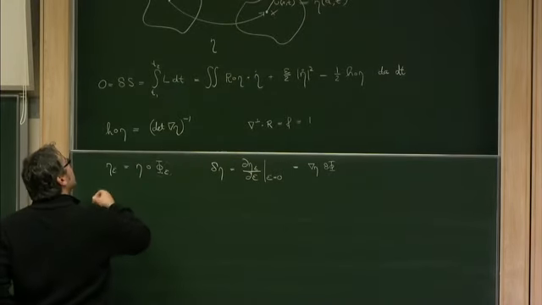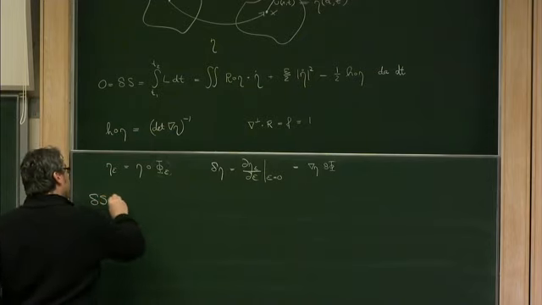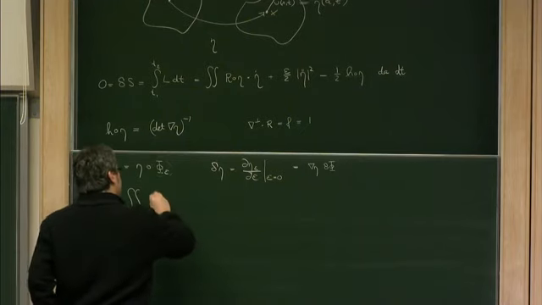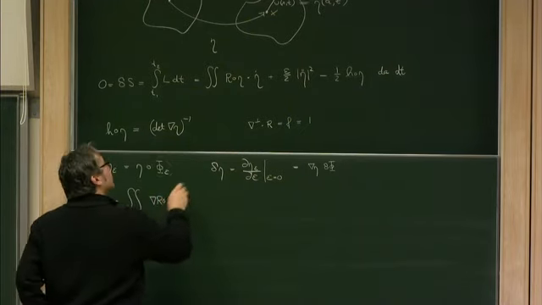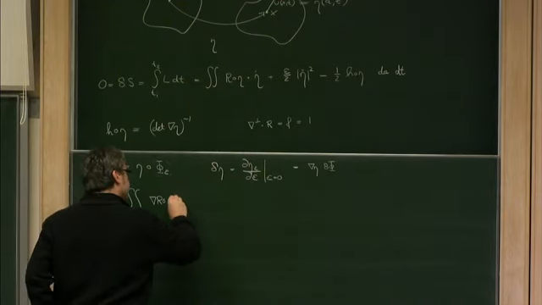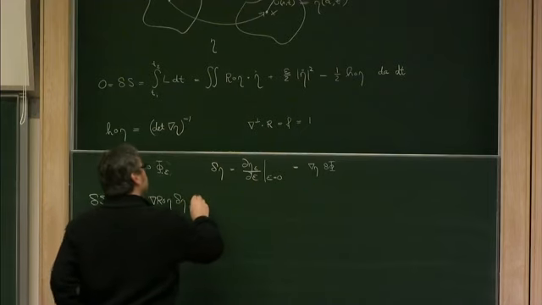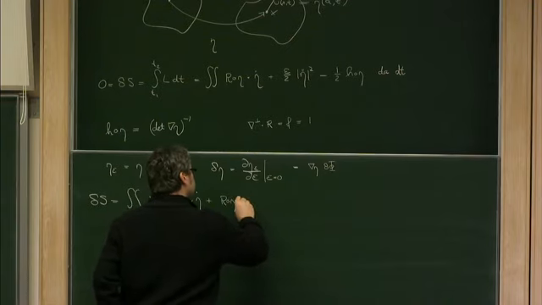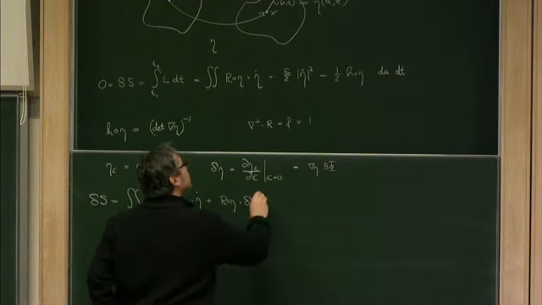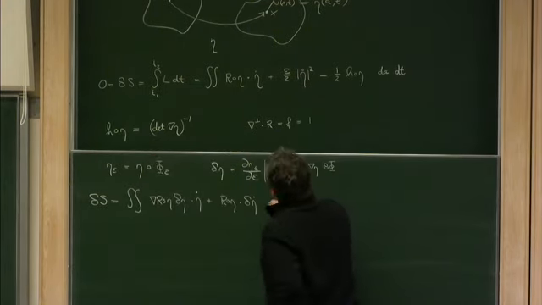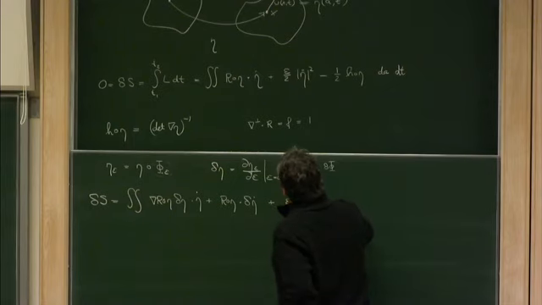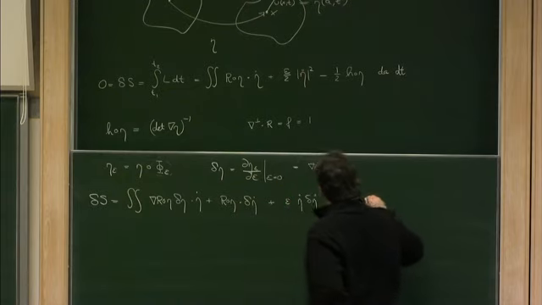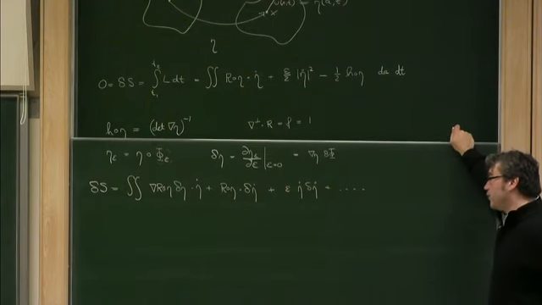get here, if I take variations of the action, so this is just chain rule, plus epsilon, plus further terms that I'm not concerned with here.